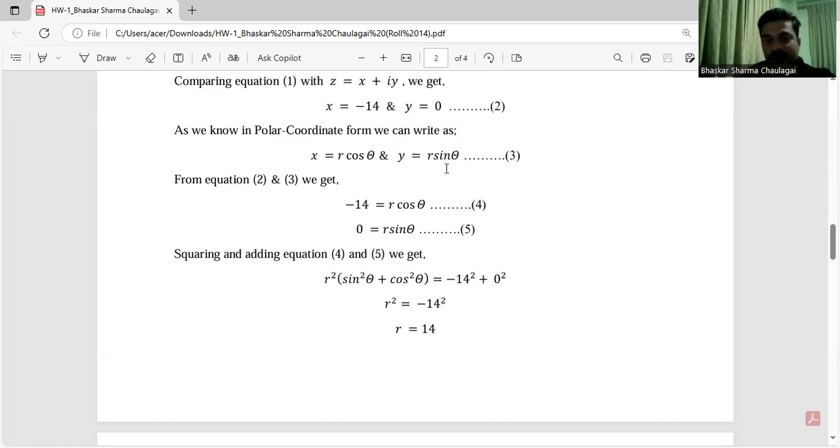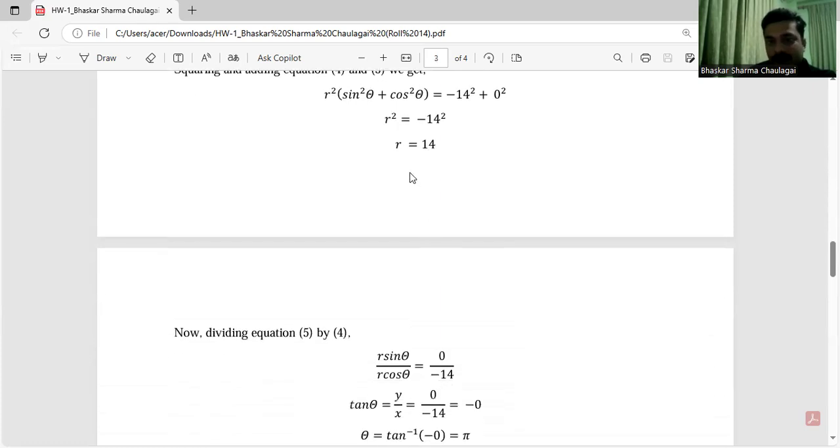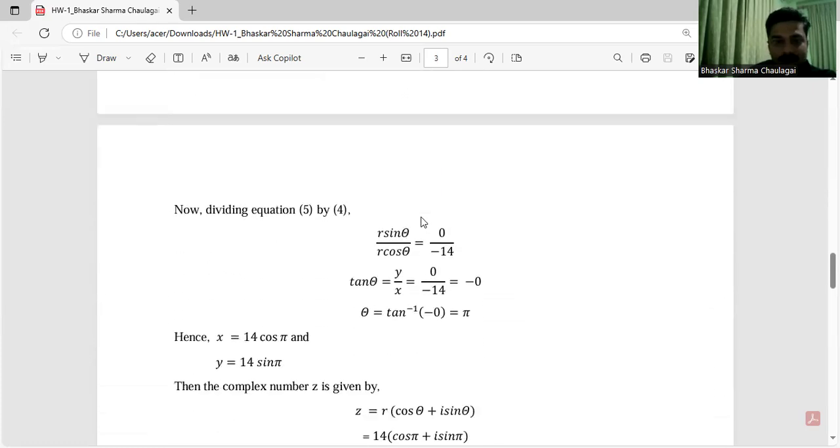So now we have equations 2 and 3. From equations 2 and 3, we can put the value of x and reformulate into equations 4 and 5. After getting equations 4 and 5, we square these equations and add them. After squaring and adding, the final result is r equals 14.